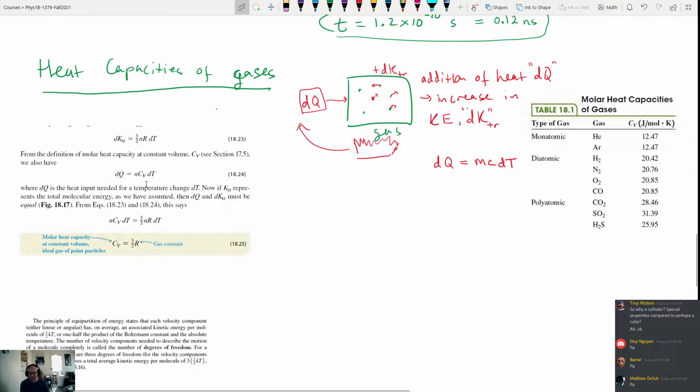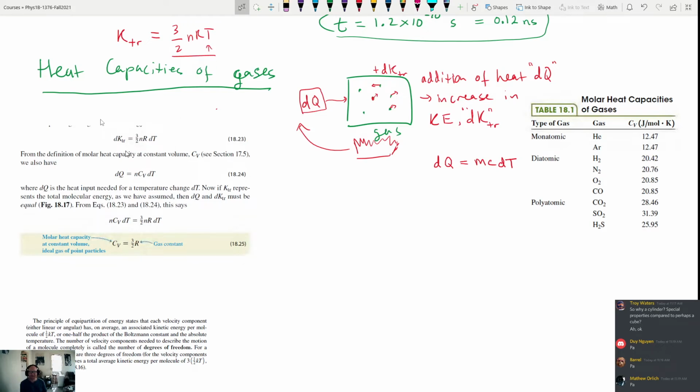Regardless, when I add the heat dq, we know that there's going to be a temperature increase, and the temperature is going to increase according to this equation right here. This is like all the problems you did with calorimetry. But we also know, according to the equation we derived last time, that the total translational kinetic energy of a gas was 3/2 times n times R times T. If there's an increase in this quantity, the thing that's going to change is the temperature.